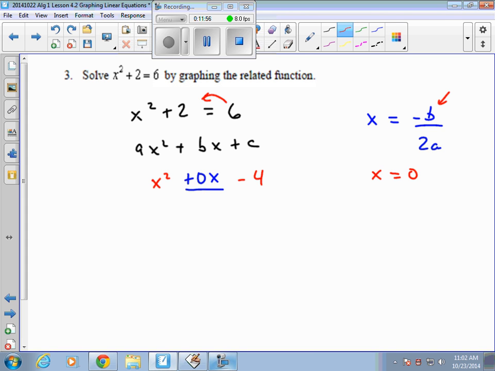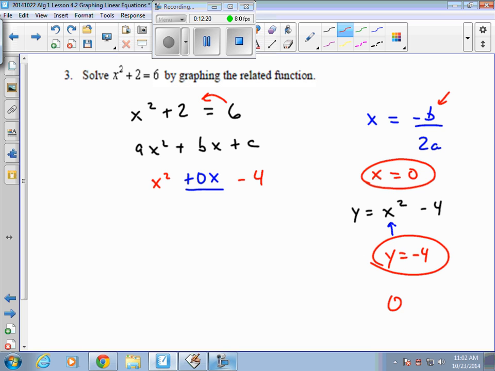So it goes a lot faster for you. And then when you want to find a y value, the original equation says y equals x squared minus 4. So all you do is take x's value and plug it in there. 0 squared is 0, so your y value is negative 4. So your vertex is 0, negative 4.